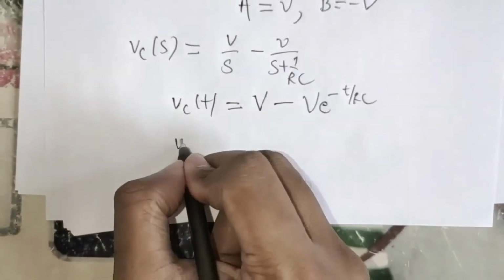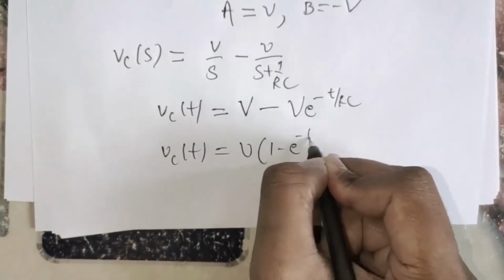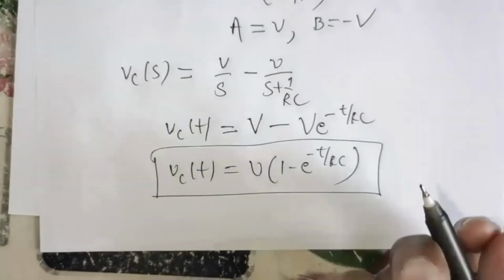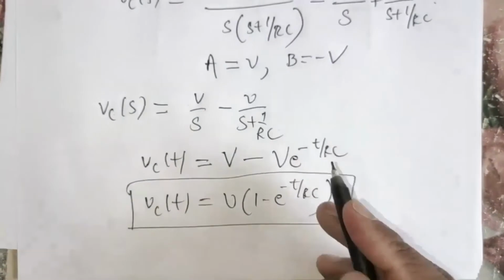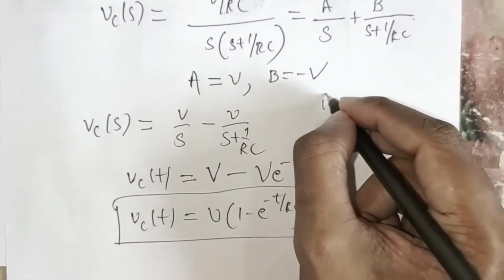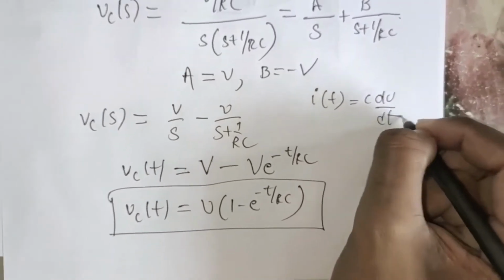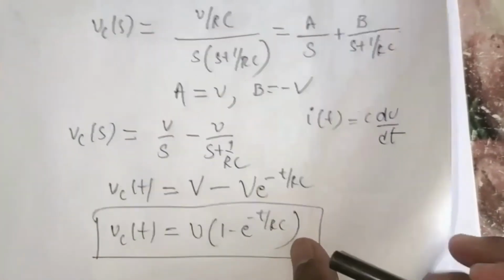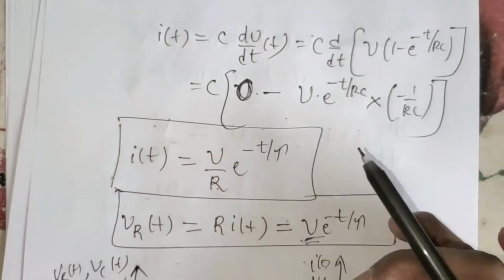Therefore Vc of t is equal to V into 1 minus e power minus t by RC. This is the expression for voltage across the capacitor using Laplace transform. Similarly, if we derive I of t, which is C into dV by dt, and differentiate, I'll get the same expression as we got in the differential equation method, that is V by R into e power minus t by tau.